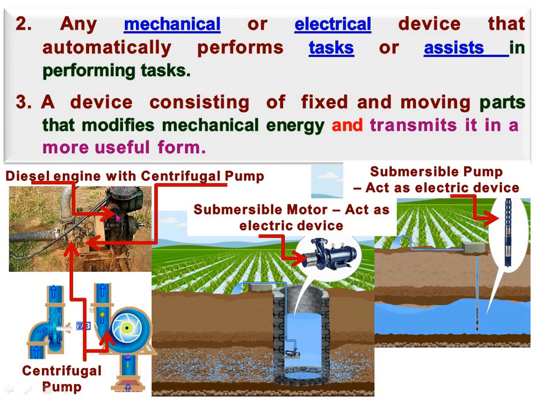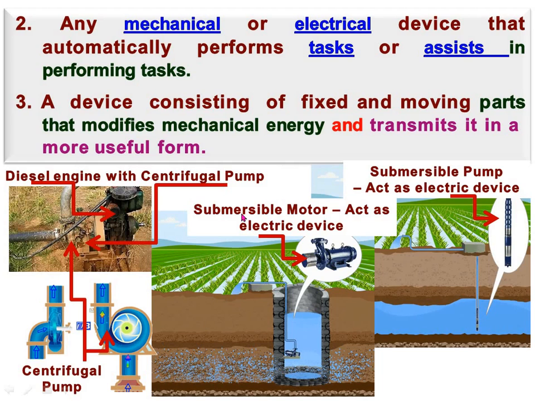This is, we can say, a mechanical machine. So with using the diesel as a fuel, diesel engine works and it operates the centrifugal pump. The centrifugal pump lifts the irrigation water from the well, or we can say from the bore. So it performs the task of lifting the water from the well or bore.